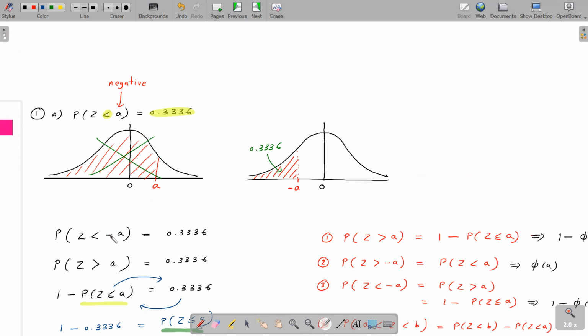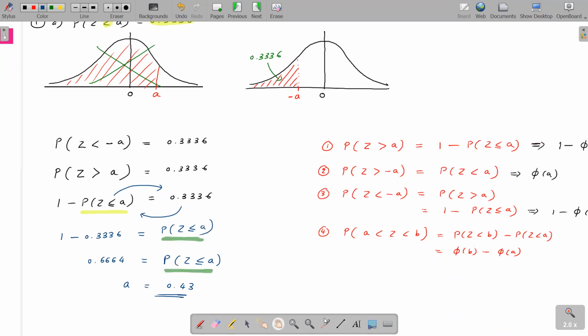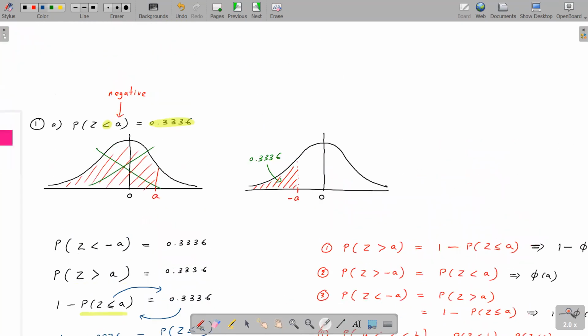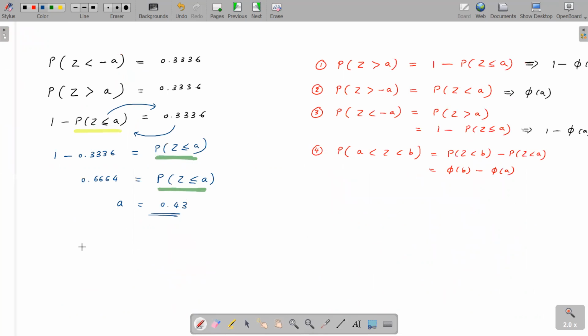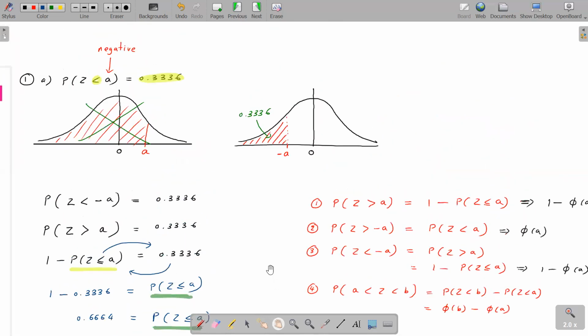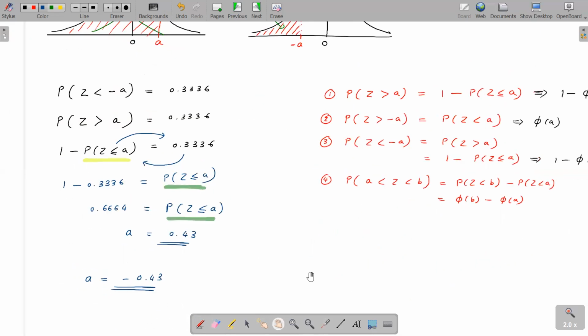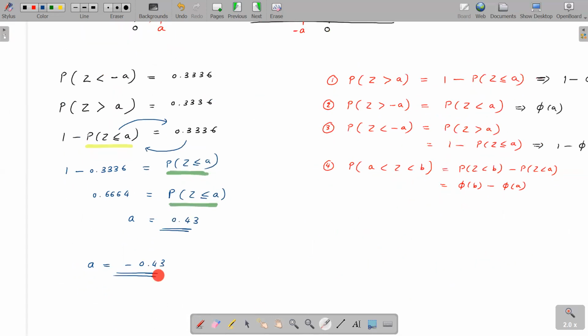So we did a series of transformations to come to this point to make it easier to use the table. But the original value that was given to you in the sum, we determined A is negative. So the proper value of A is actually minus 0.43, because this is where we started. Which means when you give your final answer, the A value is minus 0.43.